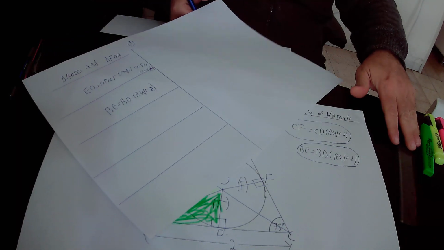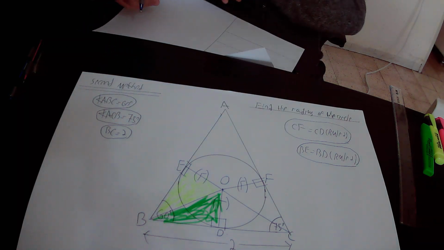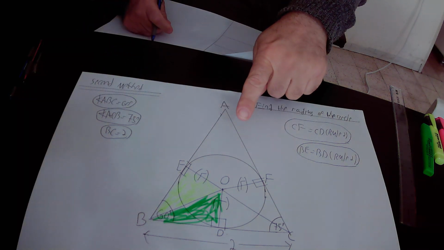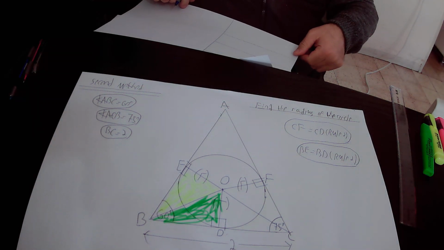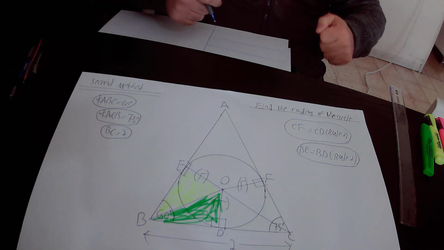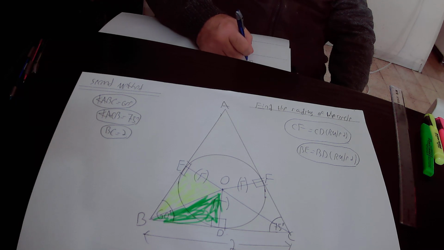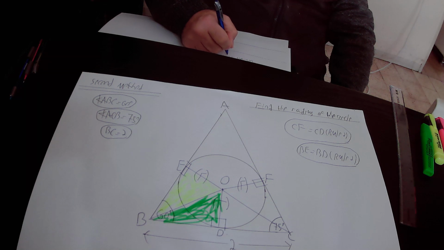And finally, side OB is a common side that belongs to both triangles, so we can write down that OB equals to itself. It's a common side that belongs to both triangles.